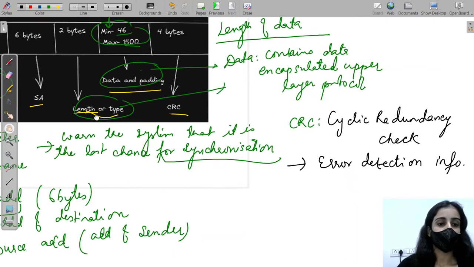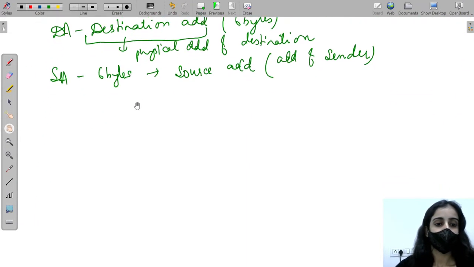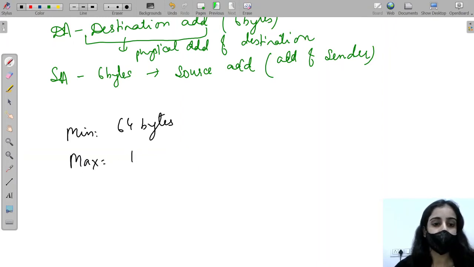So this was the format for the frame, and these were all the parts. Now the size of the frame. This frame can be minimum of 64 bytes and maximum it can go up to 1518 bytes. Just keep this in mind.